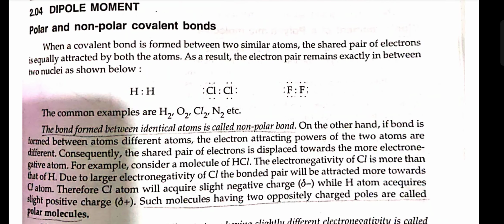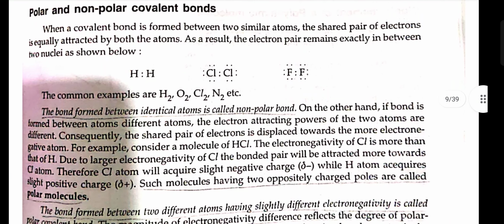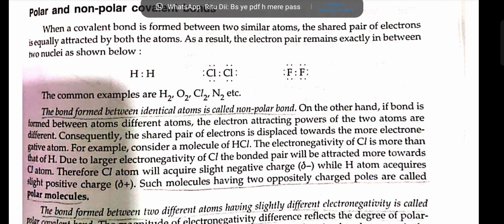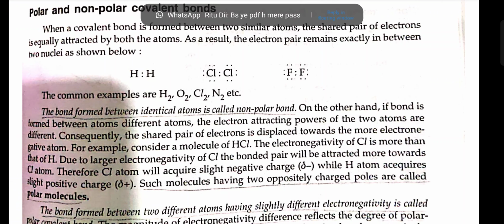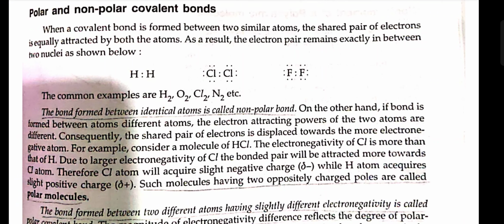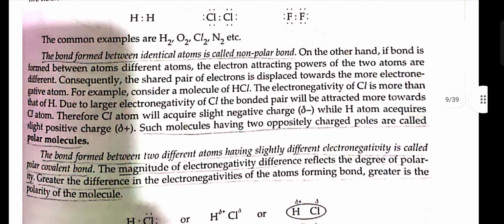Dipole moment and polar and non-polar covalent bonds. The bonds formed between identical atoms are non-polar bonds because they don't contain any poles, due to the same electronegativity. Bonds formed by different types of atoms, which have slightly different electronegativity, are called polar covalent bonds.